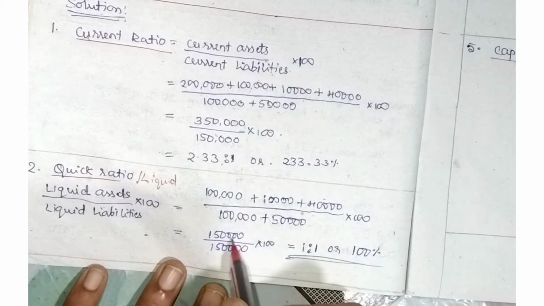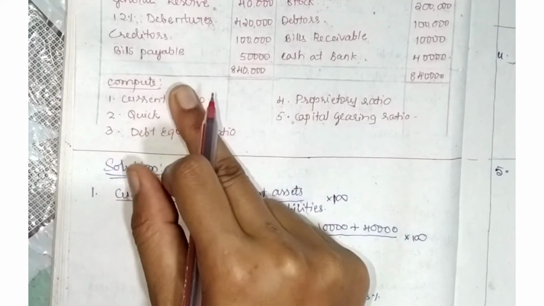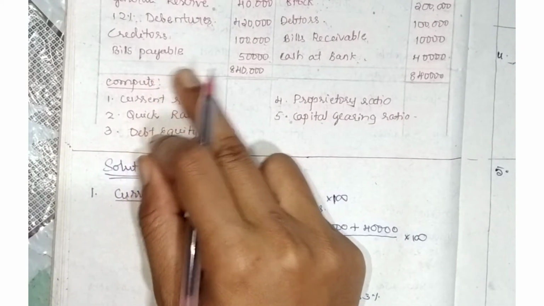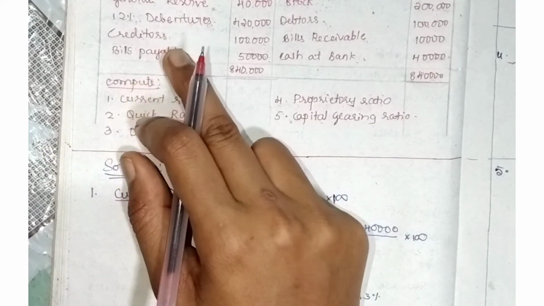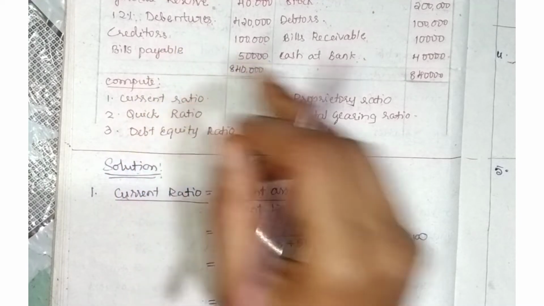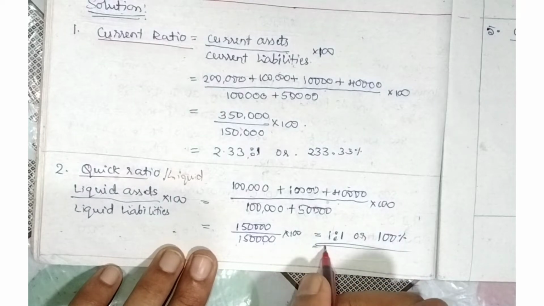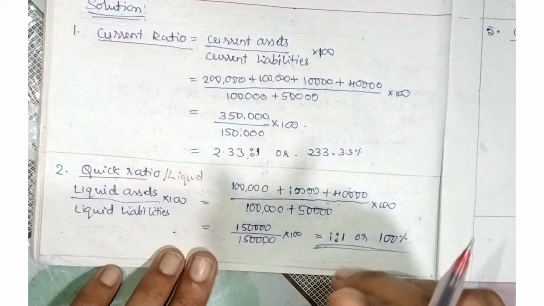So now the total is 1 lakh 50,000 and there is no bank overdraft or prepaid expenses, nothing is there. So these both are current liabilities as well as liquid liabilities too. So just divide and see the ratio 1:1 or the percentage is 100%.